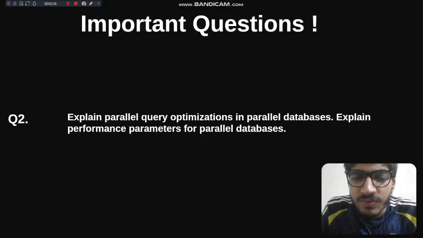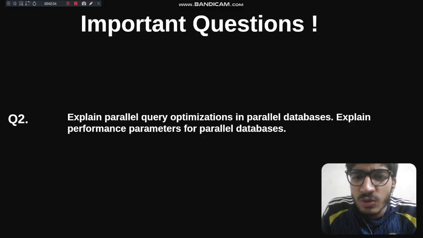Parallel optimization techniques. First, data partitioning. To parallelize a query, data is first partitioned across nodes. Common strategies are hash partitioning, range partitioning, and round-robin partitioning. The benefits are balanced distribution and reduction of data movement. Second, parallel join techniques. Joins are expensive operations.